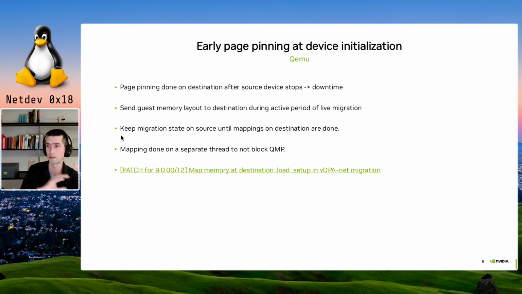So we can send the state of the layout during the live part of live migration. That also means you have to keep the migration going until these things are sent as well, which is not a problem. So you send them and do the mappings before, and then you save. You will see a lot of time has been saved.